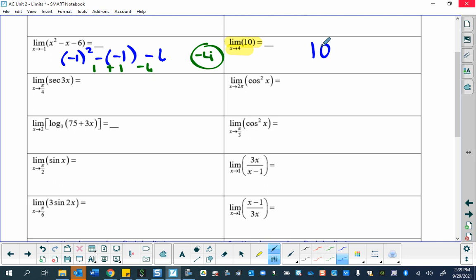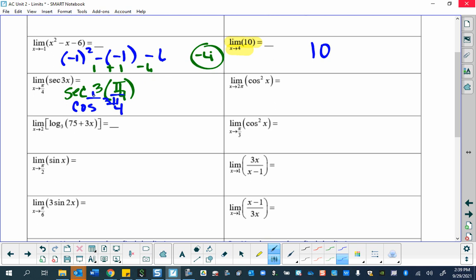Again, with my trig, the limit of the secant of 3 pi over 4. Secant is friends with who? So the cosine of 3 pi over 4 is what you're looking for, to then put under 1 and flip reciprocal-wise. 3 pi over 4 is our 45 degree family, so root 2 over 2, right?